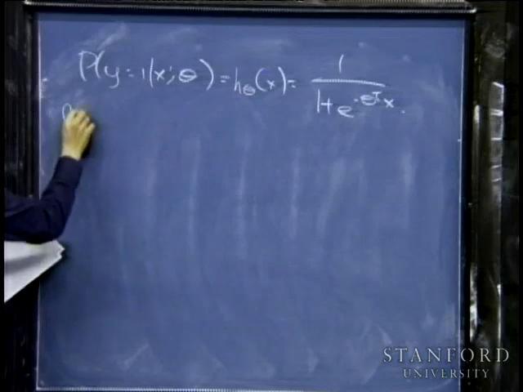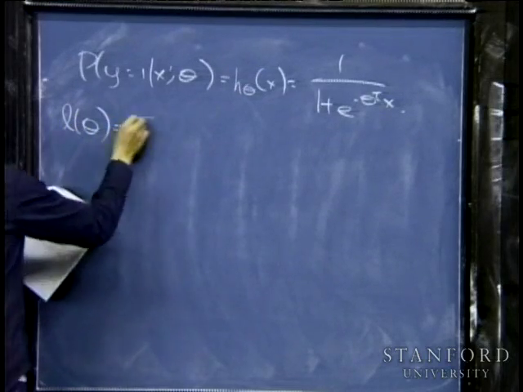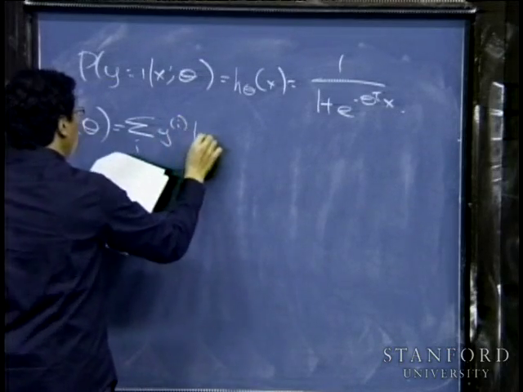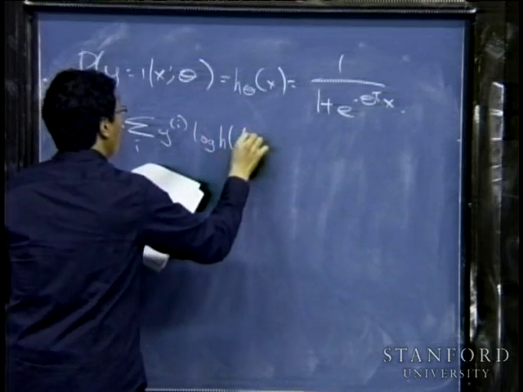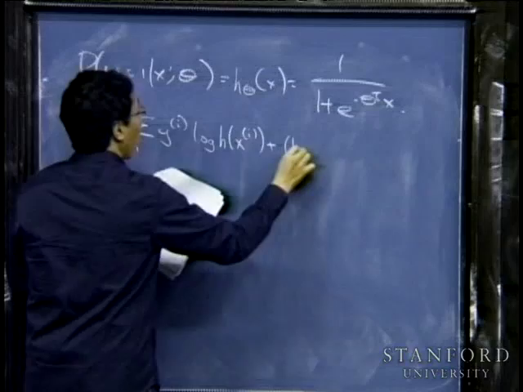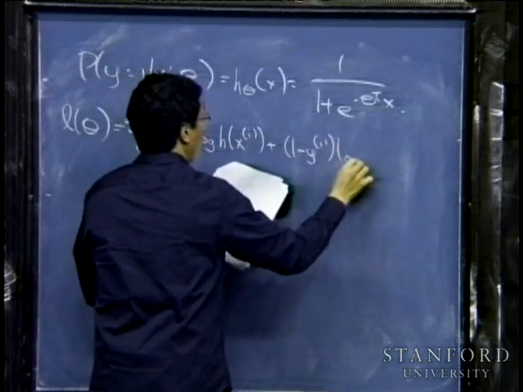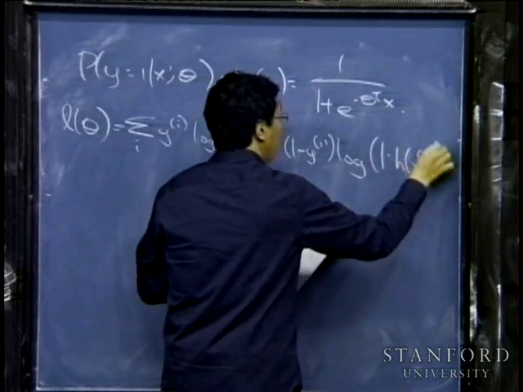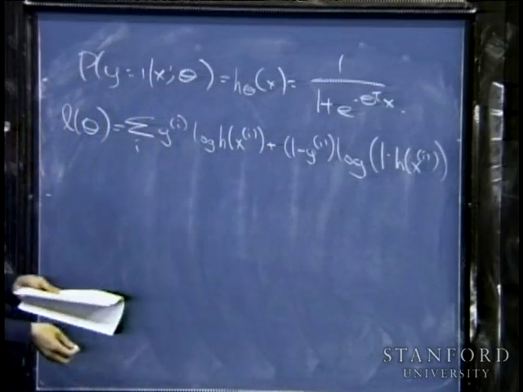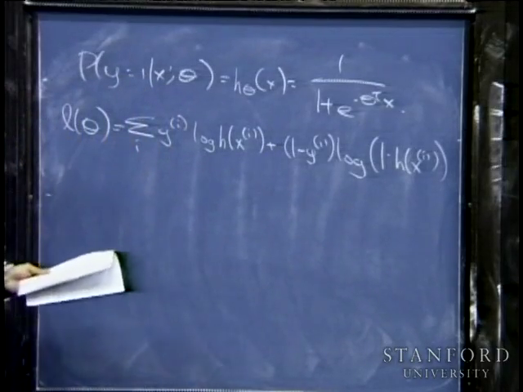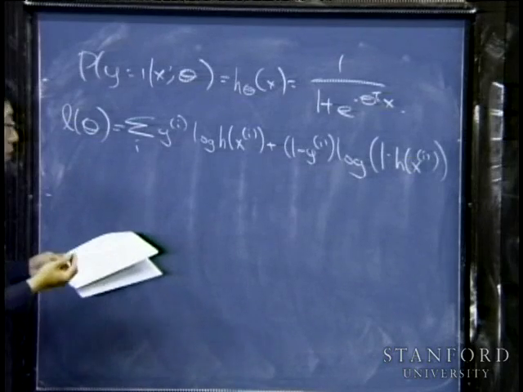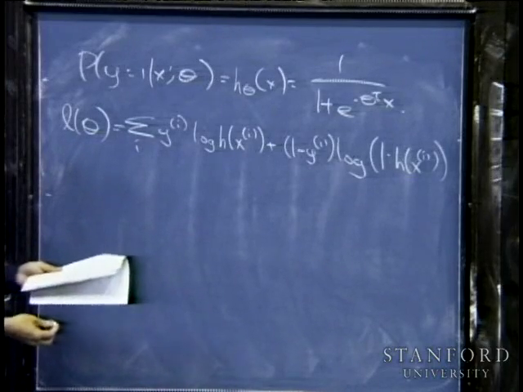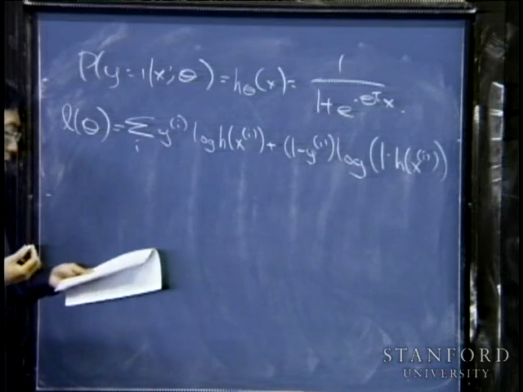And then you can write down the log likelihood given a training set, which was that. And by taking derivatives of this, you can derive a gradient ascent rule for finding the maximum likelihood estimate of the parameters theta for this logistic regression model.